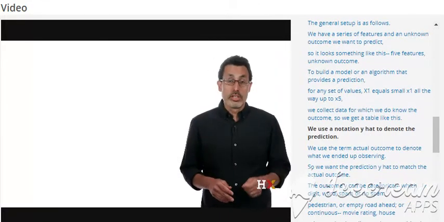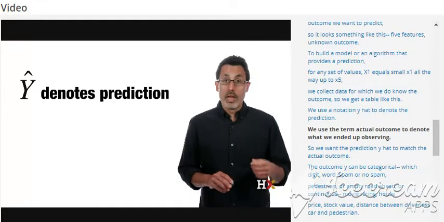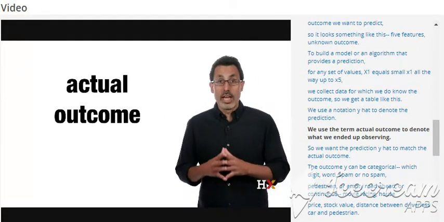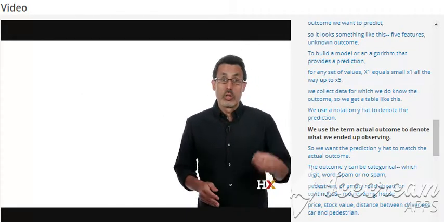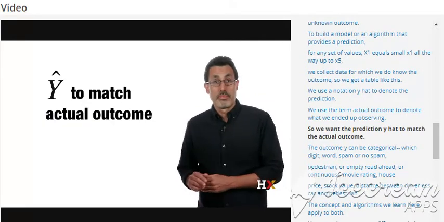We use the notation y hat to denote the prediction. We use the term actual outcome to denote what we ended up observing. So we want the prediction y hat to match the actual outcome.